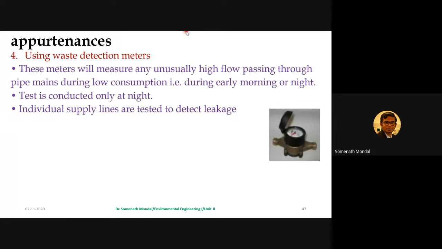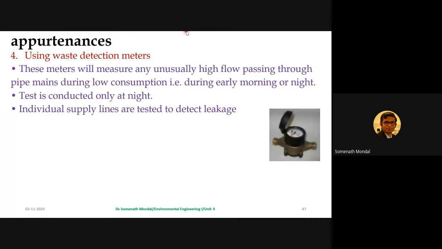From these you can understand that something is wrong, since the time is not conducive to high consumption, yet you are still getting high consumption. That means there is some leakage, or some wastage, or some unestimated water actually being consumed.